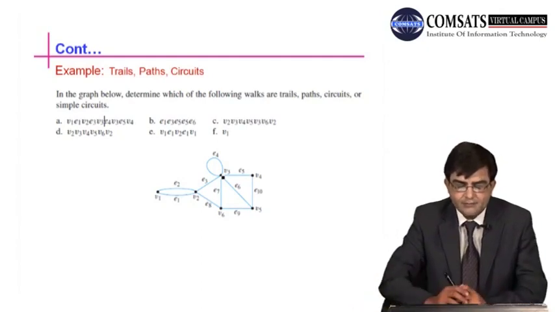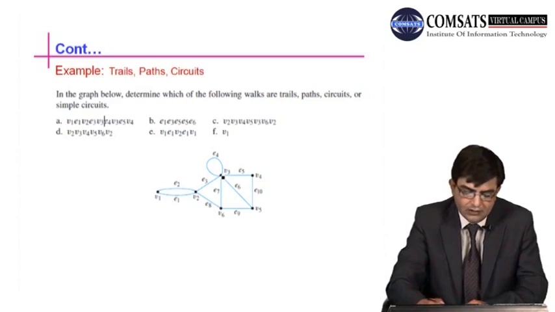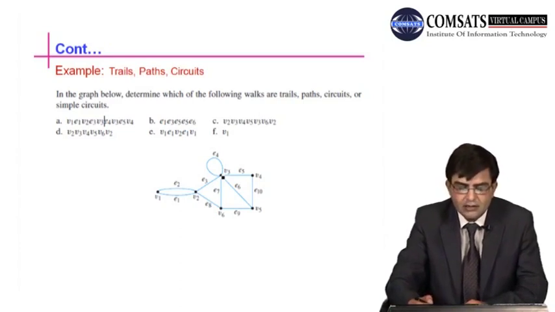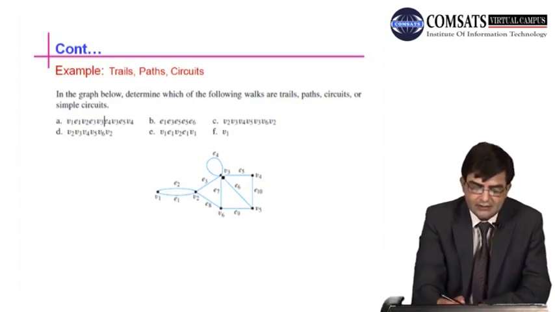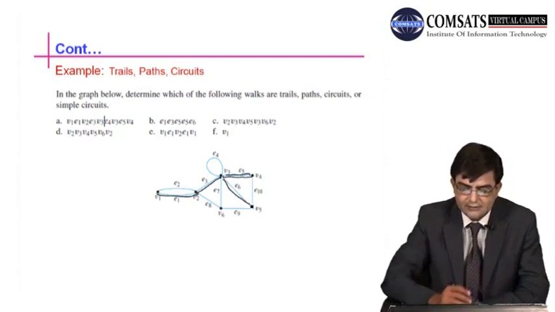Next, in part B, we have E1, E3, E5 and E6. We go E1, E3, E5 here, and then we come back, E5 again, and then E6.